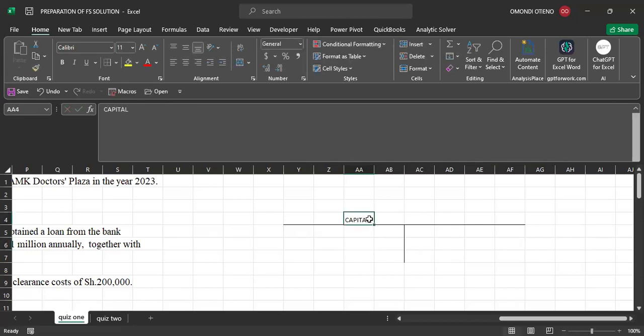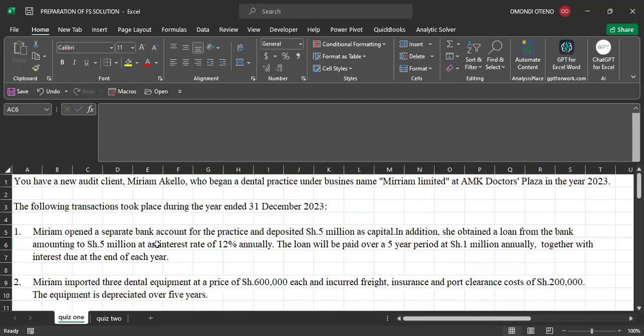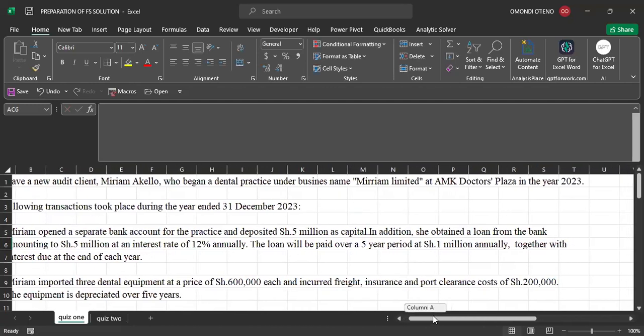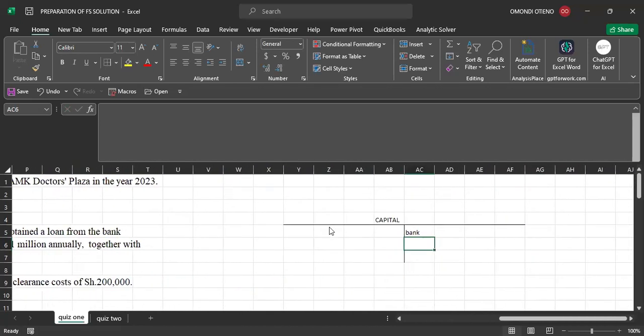So the first thing they did, they deposited money into the bank account of this company. And of course, that is the initial investment. So for the capital account, money is coming from bank. How much are they depositing here? They deposited 5 million. So we have 5 million being deposited here.